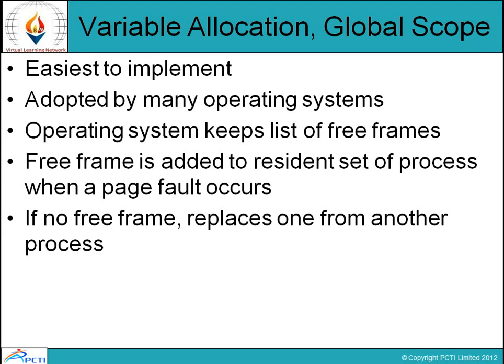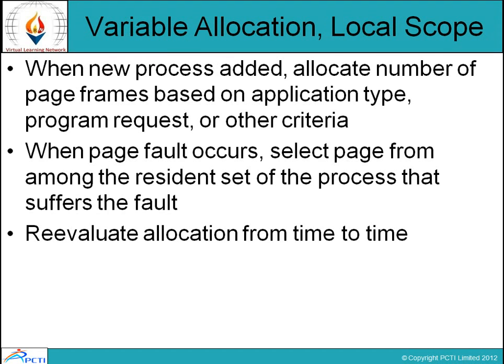Variable allocation with global scope is the easiest to implement and is adopted by many operating systems, and the operating system keeps a list of free frames. A free frame is added to the resident set of the process when a page fault occurs. If no free frames are available, then we replace one from another process.